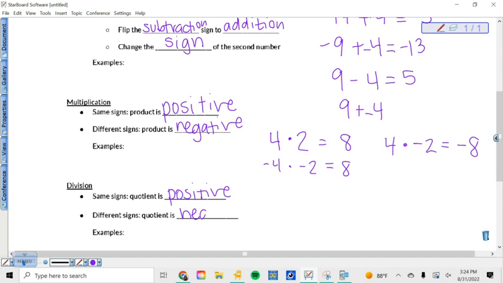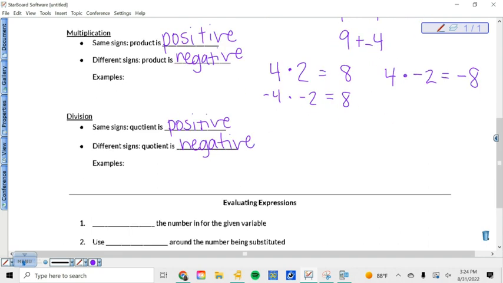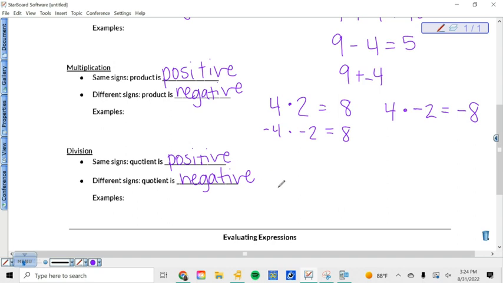Different signs, quotient is negative. So let's see if we've got 15 divided by 3, same signs. What do I get? 5. And if I have -15 divided by -3, what do I get?